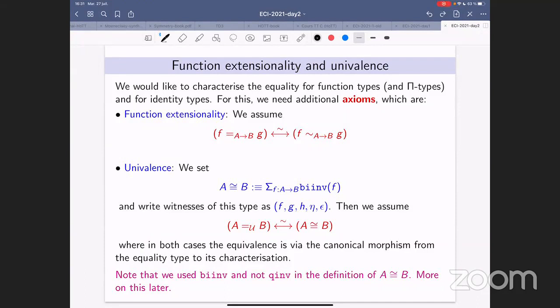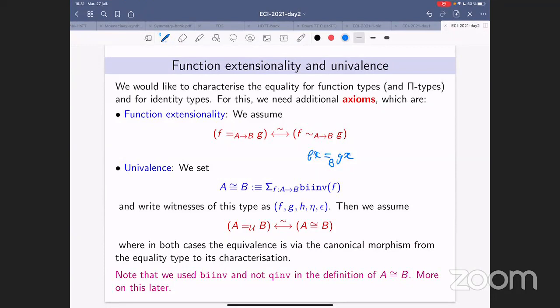Because remember that this means that f x is equal to g x for all x. So you see that here this homotopy really refers to equality for smaller types. But nothing in principle tells me that these two things are equivalent. So what is written here is not completely precise.